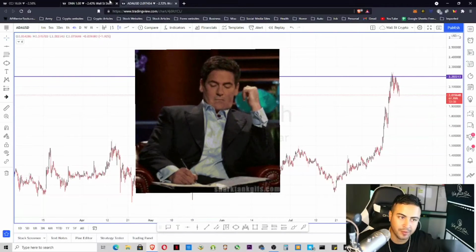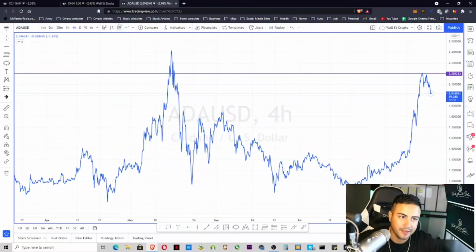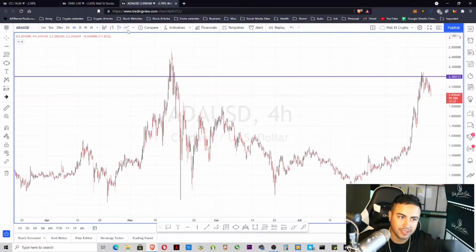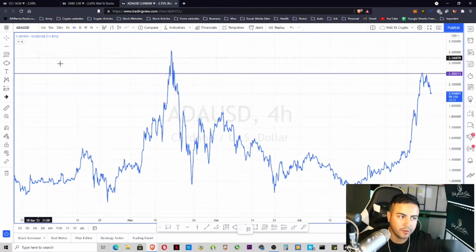I switched from a candle to a line chart, and then I started to do it this way. Then I would switch back to a candle chart once I was done drawing the support and resistance, and eventually I became very confident in my support and resistance, and I only used candlesticks. But for now, let's do that old method of switching to a line chart and finding our support and resistance, and then we'll move over to a candlestick chart.